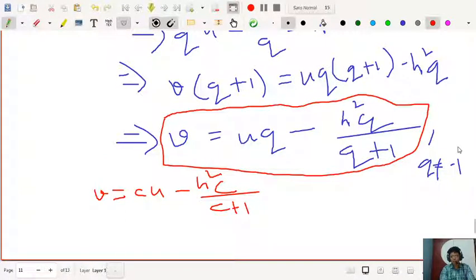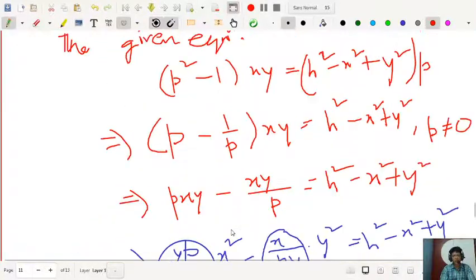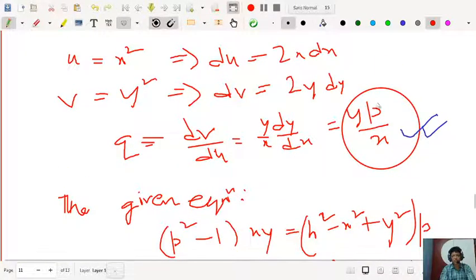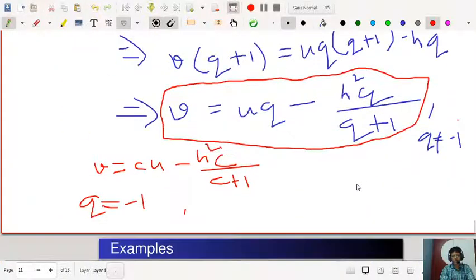Now the question is, what happened if q equal to minus 1? If q equal to minus 1, then what is your q? Your q is yp by x. So your yp by x equal to minus 1. So yp plus x equal to 0. And so h square would be 0.